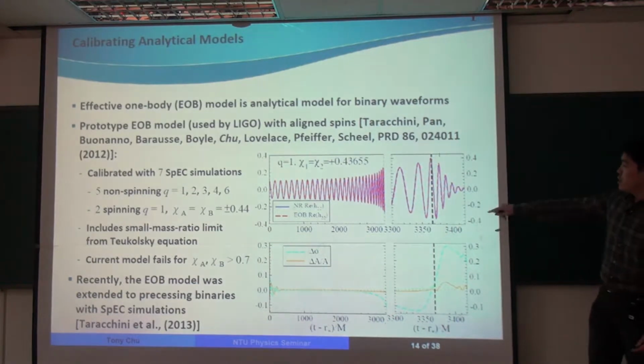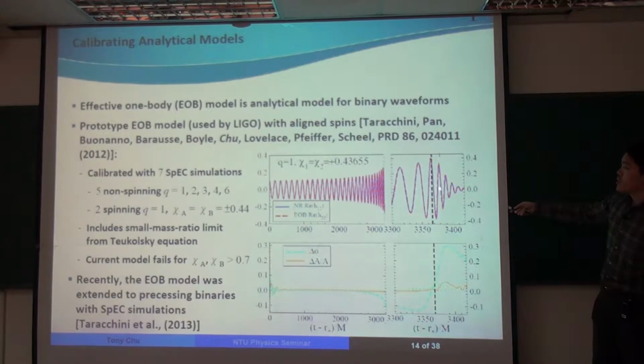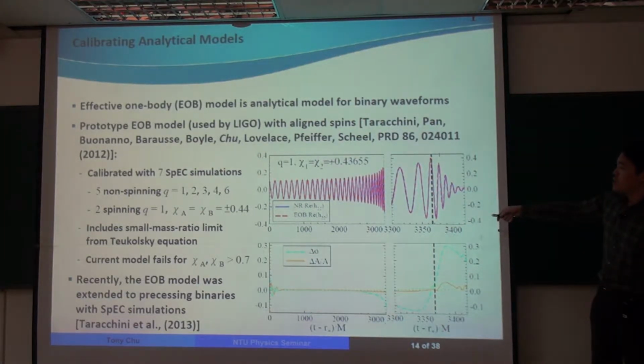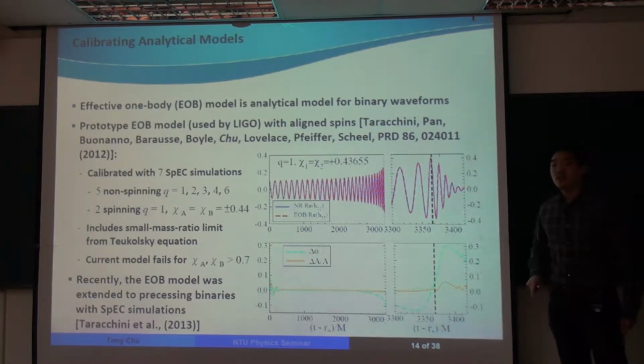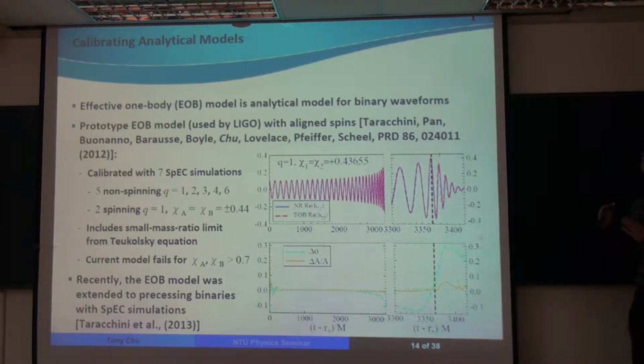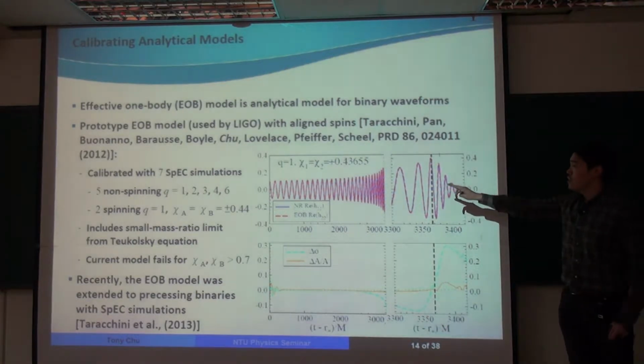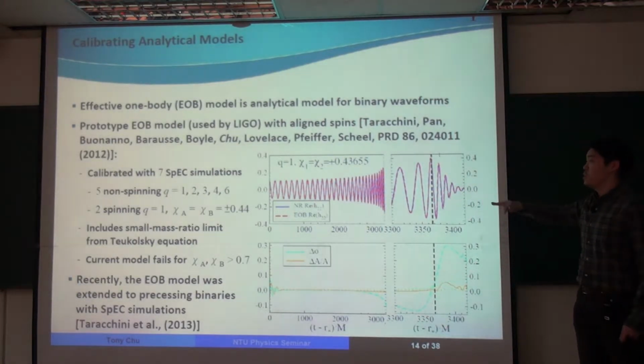On this plot is the waveform from the numerical simulation I did in blue, and also the same waveform that you get from the prototype EOB model. You should pretty much just see one curve because the results basically lie on top of each other. You can get an analytical model to essentially model the numerical relativity simulation results.